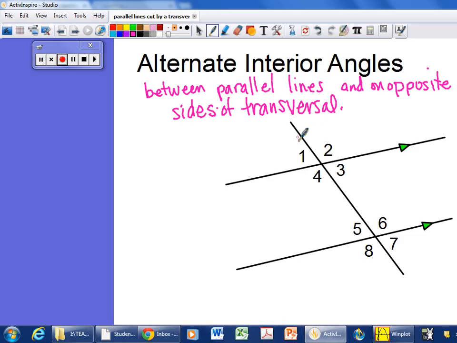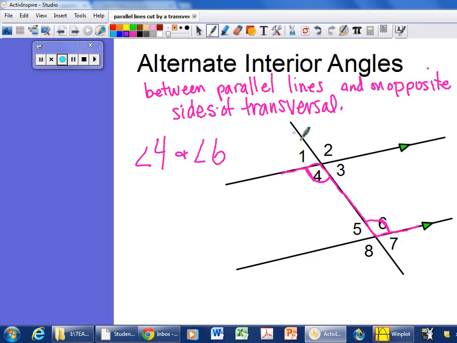There are only 2 pairs of alternate interior angles within a set here. So one example is angle 4. It is between the parallel lines, and angle 6, on opposite sides of your transversal. So angle 4 is here, angle 6 is here. So angle 4 and angle 6 are a pair of alternate interior angles.